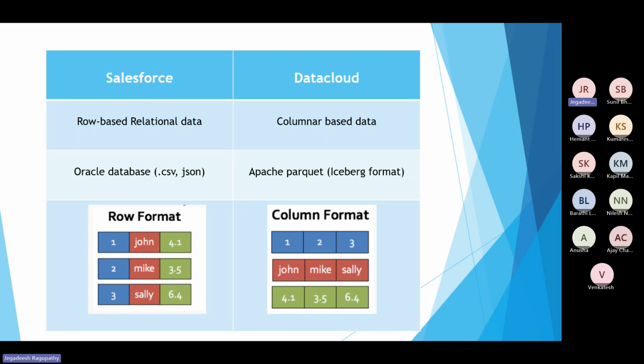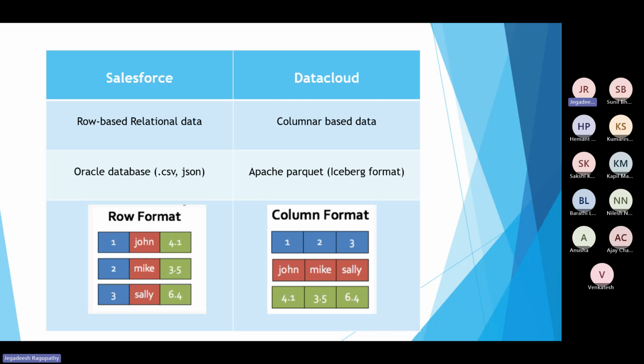That's how the file format is designed. When you see the data lake object, which we will go through in a subsequent slide, all the data stored in the data lake object is in Apache Parquet format. This file format supports less storage and faster retrieval of data.